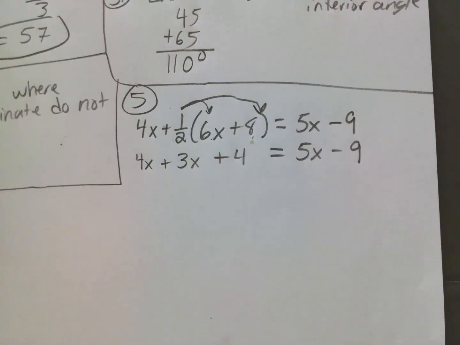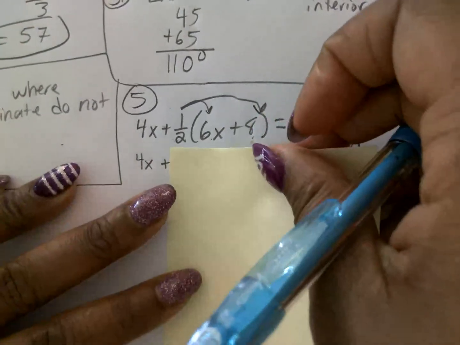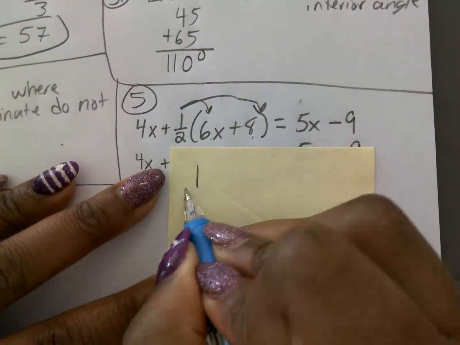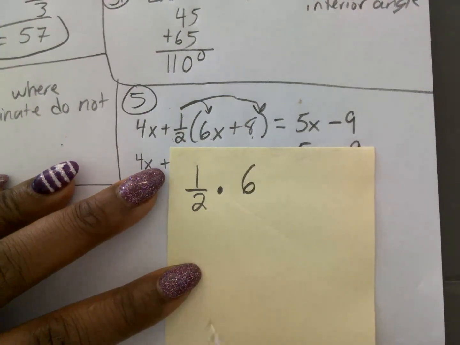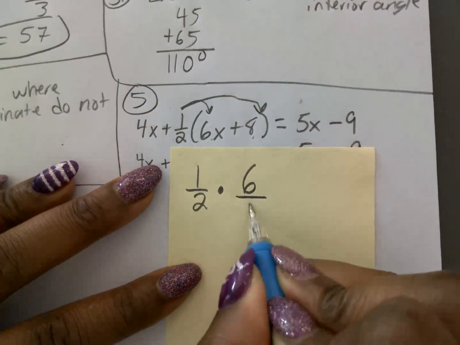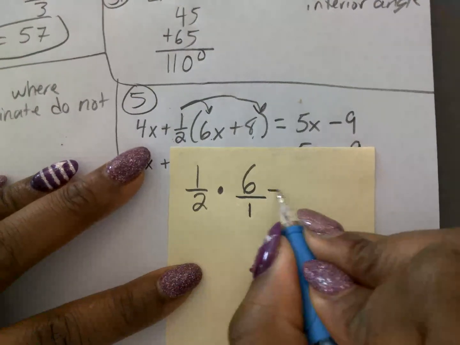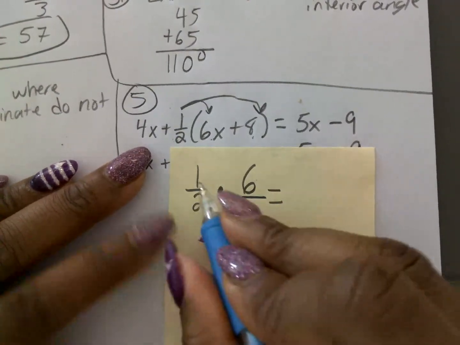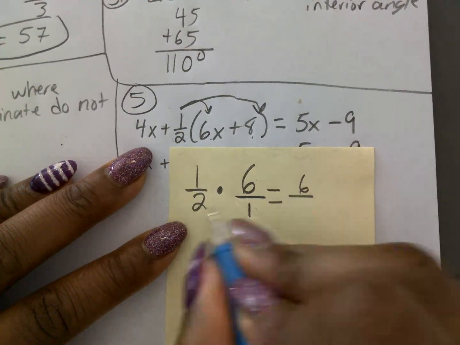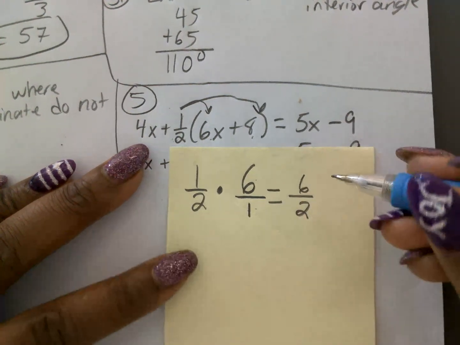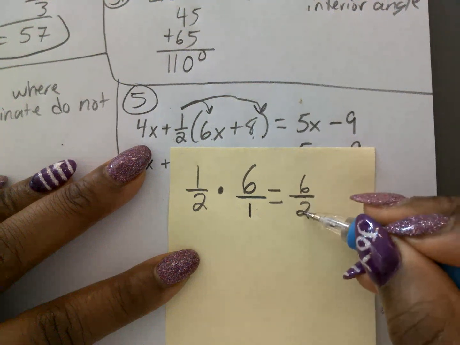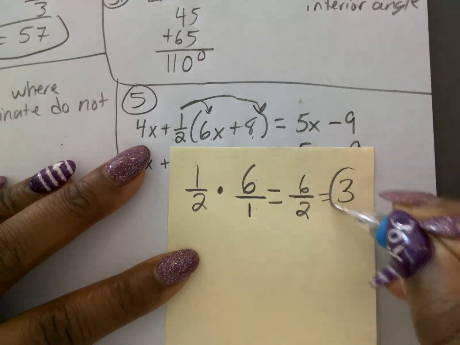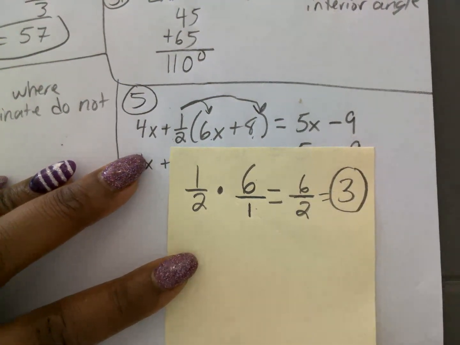Remember, if you forget half of that, or it's another kind of fraction, when you're multiplying a fraction times a whole number, you write the whole number as a fraction by putting a 1 under it and multiply straight across. This gives me 6 on the top and 2 on the bottom. Simplify: 6 divided by 2 is 3.